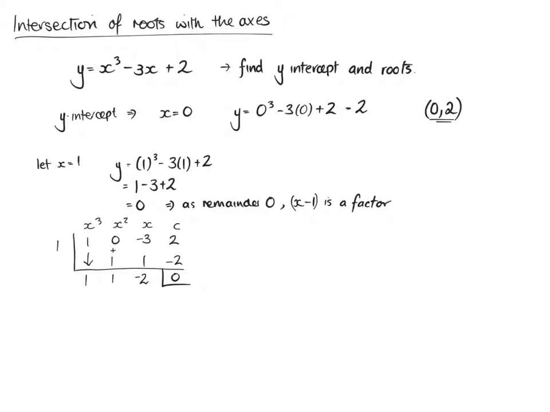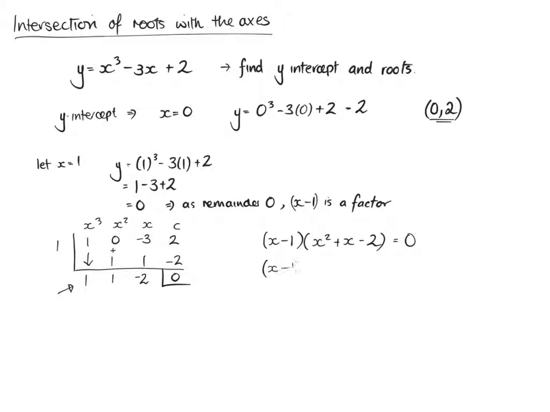And then we can use this to factorize. Because we're finding the roots, we have to set it equal to 0, so we have x minus 1, and then in the brackets we're going to have x squared plus x minus 2 from our quotient down here, which is equal to 0.